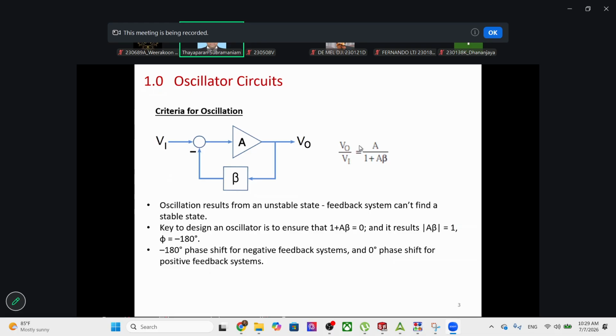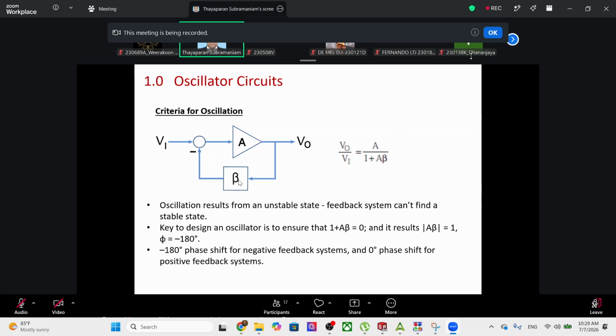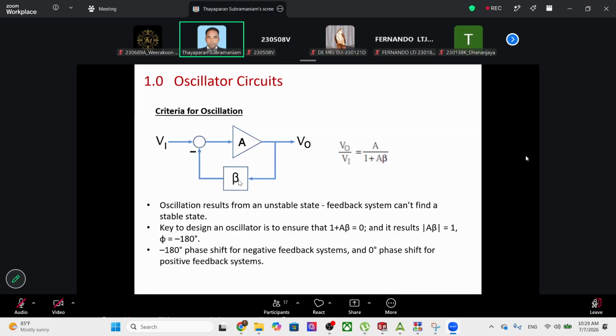A is an amplifier. Generally, it is denoted by an amplifier symbol with gain A in the middle. And then output, E out. We have a feedback path where feedback gain is beta.